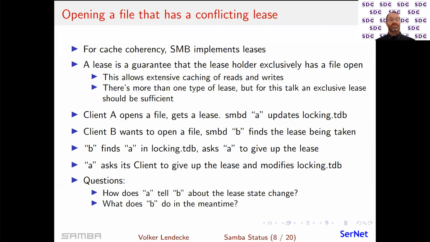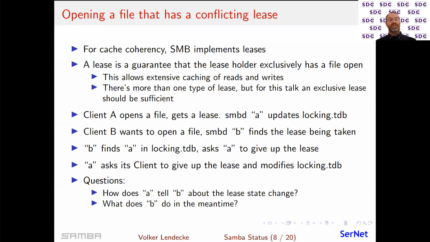How does this work in Samba? So look at the sequence of events. Client A opens a file, it gets a lease, which means that it has the exclusive right to do full caching. The corresponding SMBD, and remember Samba has a process per client, updates a shared database, logging.tdb.